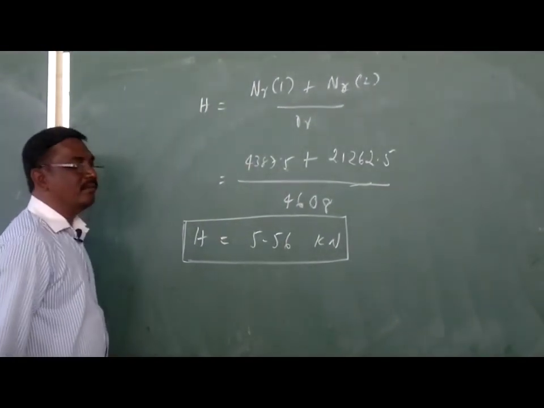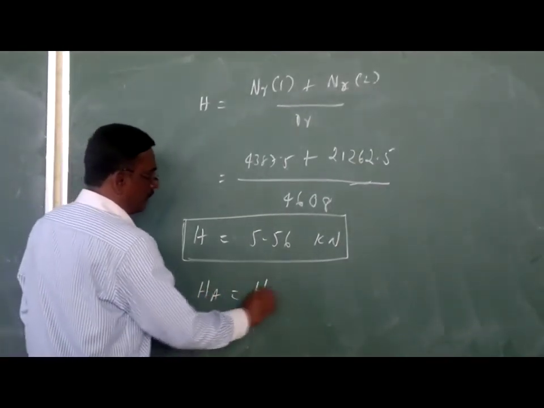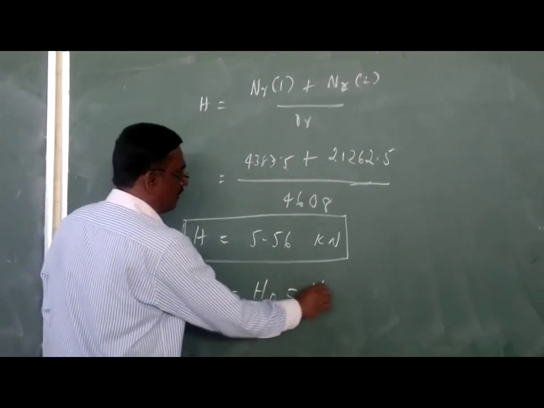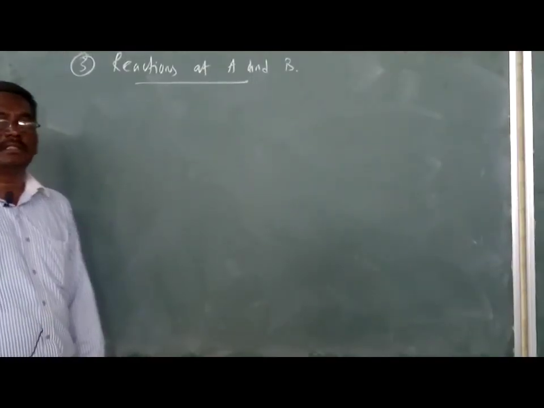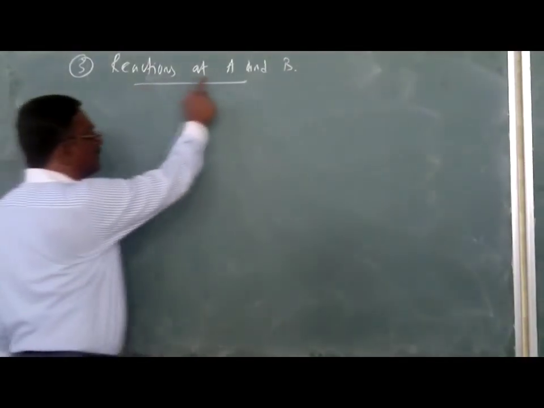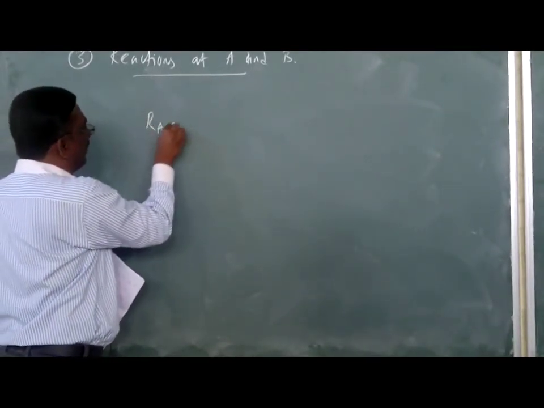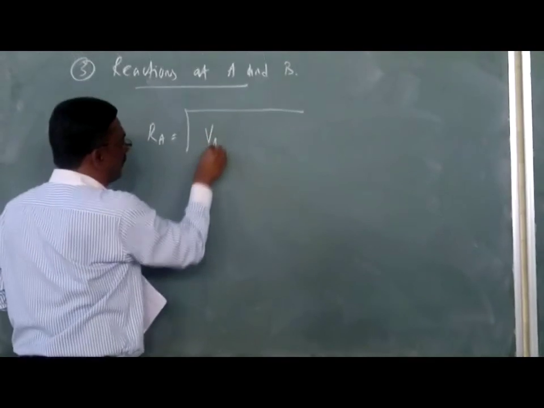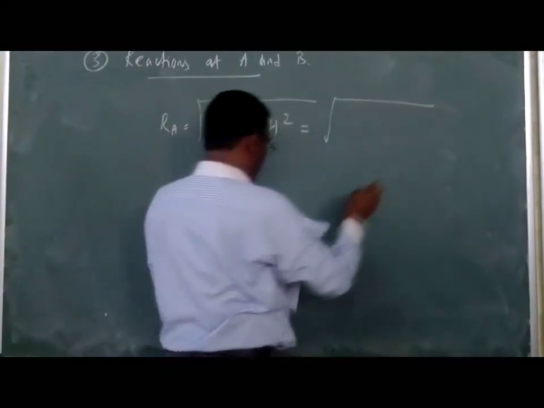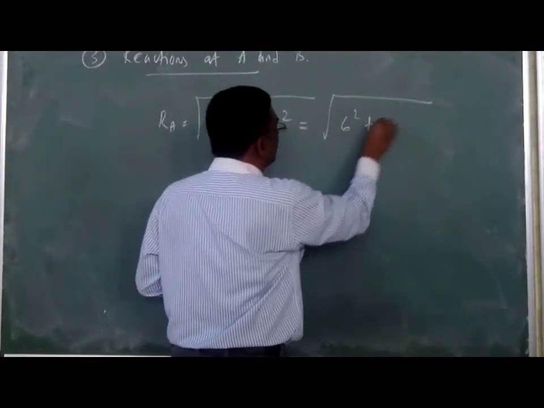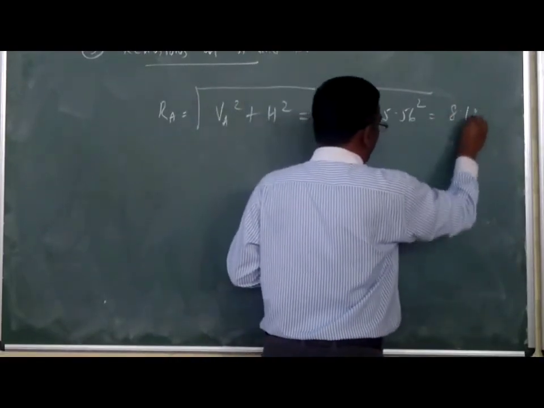Since there is no inclined force or any horizontal force, HA will be equal to HB, and the value of H is taken as 5.56 kilonewton. Third step is to find out the values of reactions at A and B. The resultant reaction at A may be given by square root of VA square plus H square, that is equal to, we found the value of VA as 6, square root of 6 square plus 5.56 square, this is equal to 8.18 kilonewton.